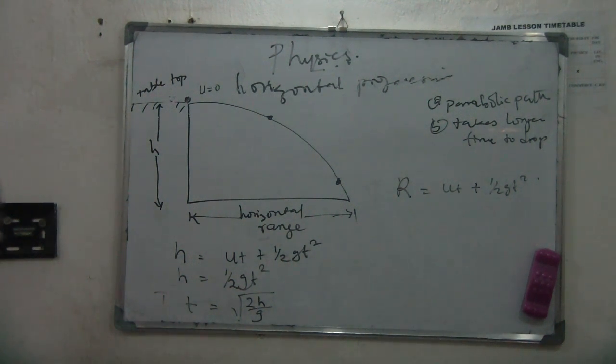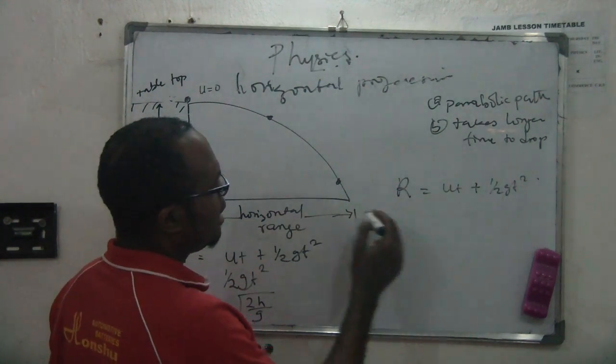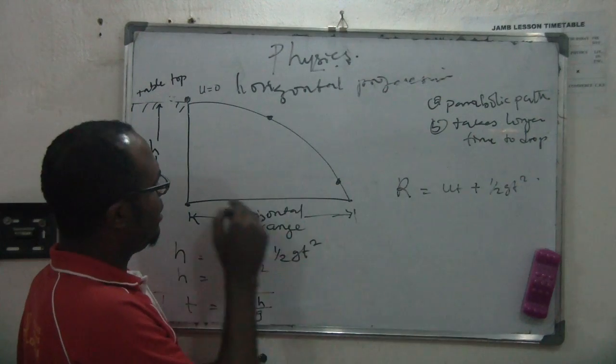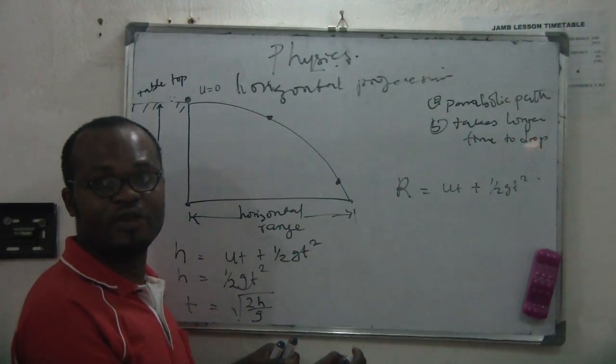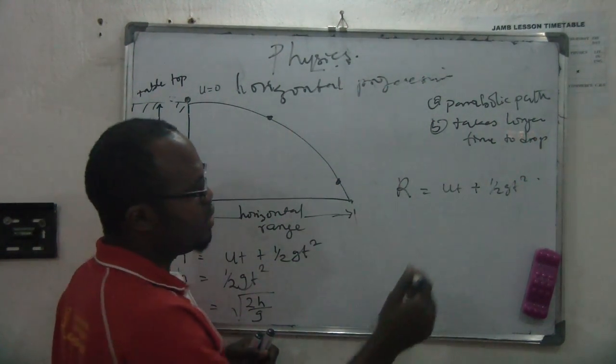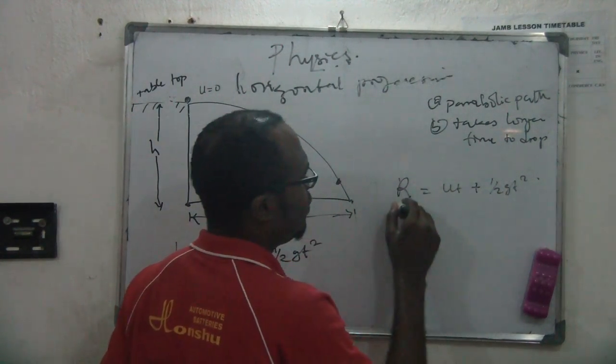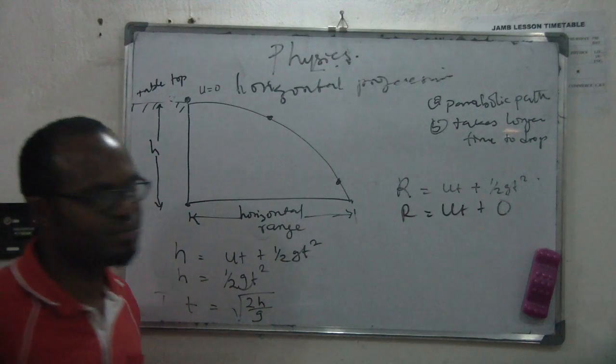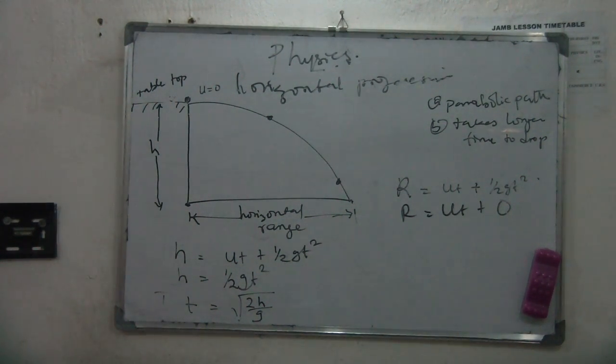So if we have that, but we know that at this point there is nothing like gravity acting horizontally, because it's already on the floor. So the effect of this will be 0. So we'll be having R equal to ut plus 0. Is that clear? R equal to ut plus 0.